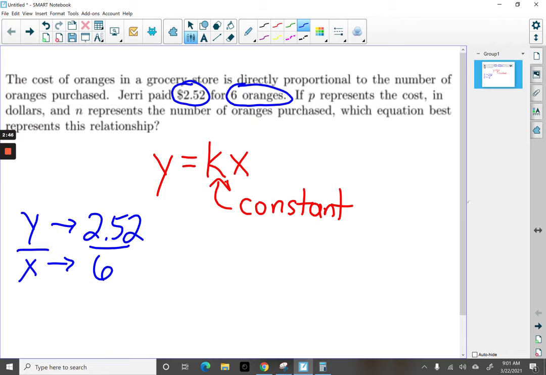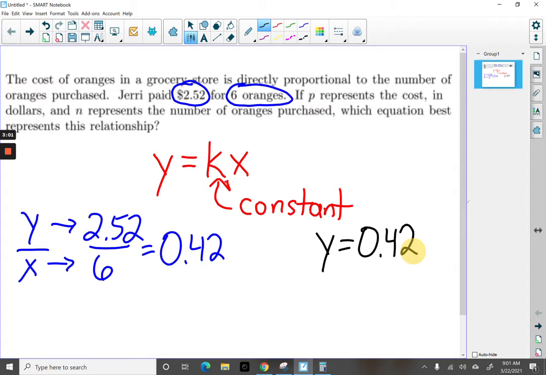So what I need to do first, before I even start setting up this equation, is divide these. 2.52 divided by 6 is 0.42. And I now have an equation: Y equals 0.42x.